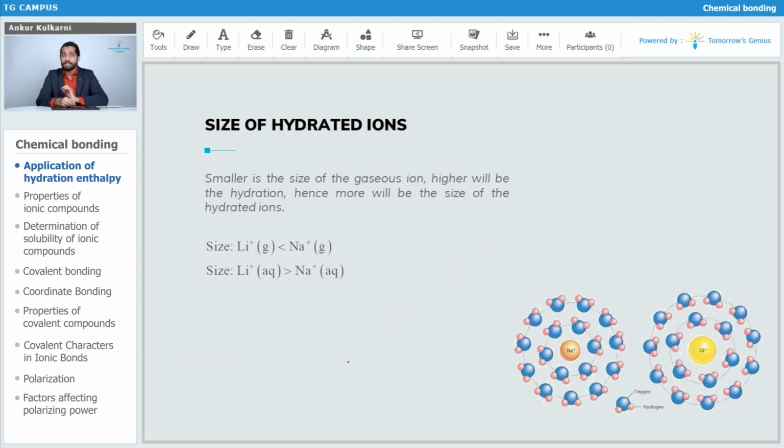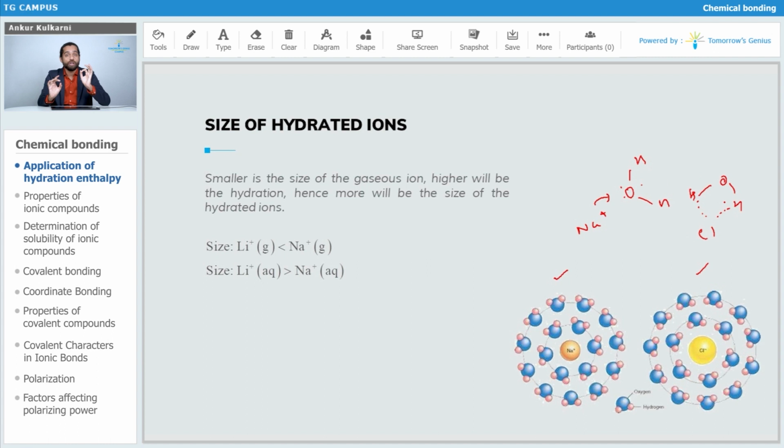So sodium, as we have already discussed, when dissolved in water, will be covered with H2O. Similarly, your chloride ions will be gathered by H2O. Sodium will be attracted by water from the oxygen side, because oxygen is slightly negative, and similarly chloride will be attracted from the positive side of water, that is nothing but your two hydrogens.